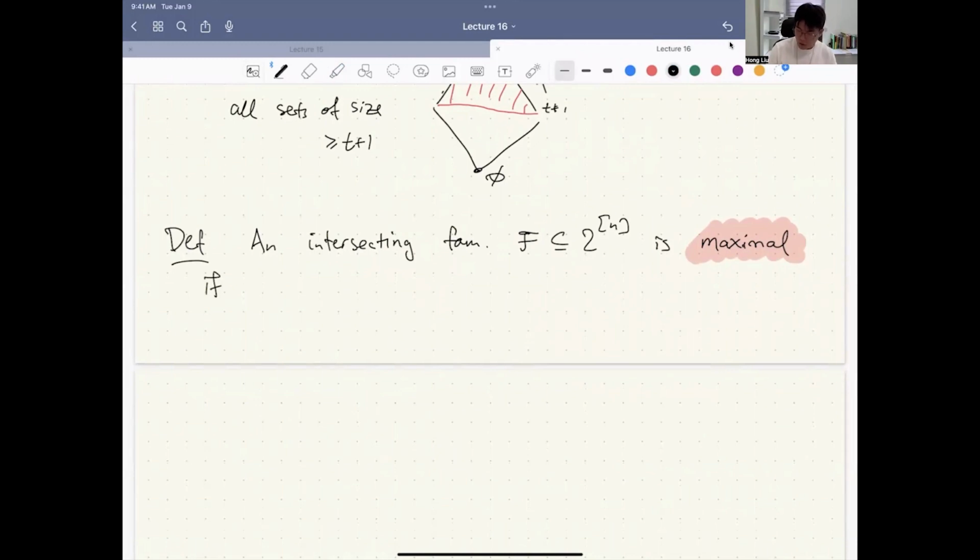That is, any of its superfamilies is not intersecting.